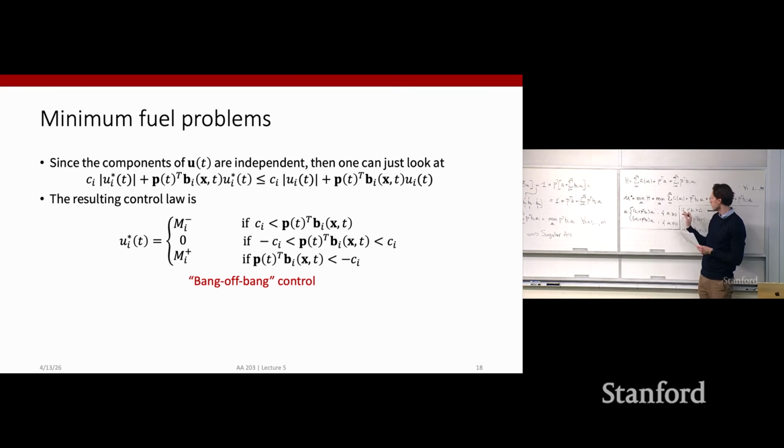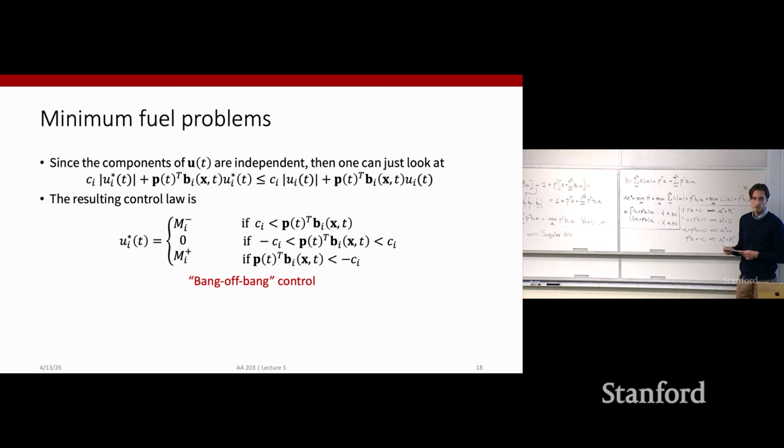So if p transpose Bi is greater than Ci, this is positive. And in the case where Ui has to be greater than 0, the minimum would be Ui equals 0. In this other case, this is positive, Ui has to be less than 0, and so the minimum would be Ui at its lower bound. The minimum between the two of them is when Ui is at that lower bound.